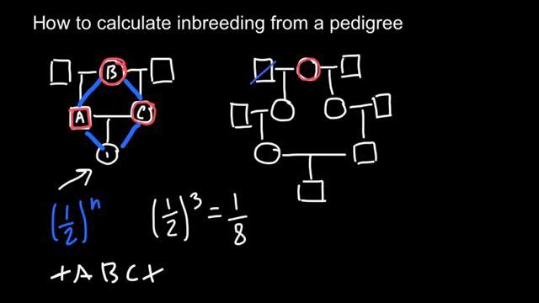And now let's consider this female. She would have 50% of the genes of her mother, 50% of the genes of her father, but she wouldn't be related to this person. So we can cross out this person too. And of course, the same rule applies to other unrelated people.